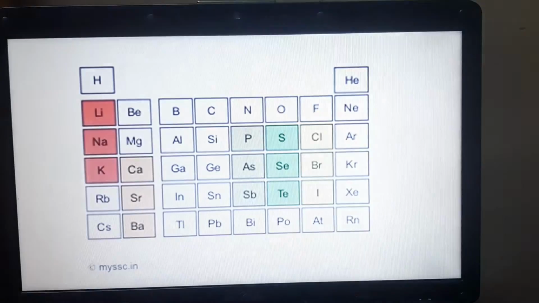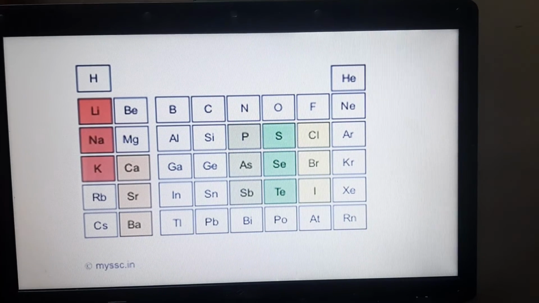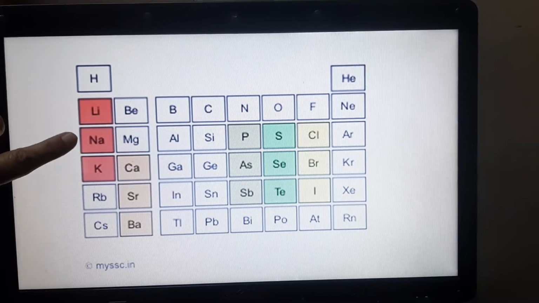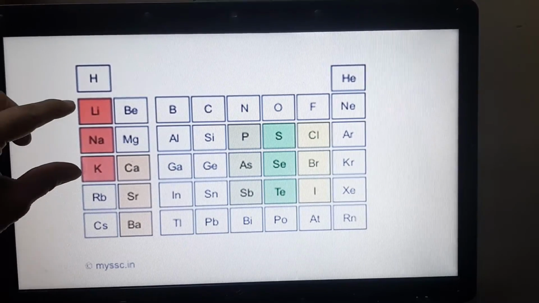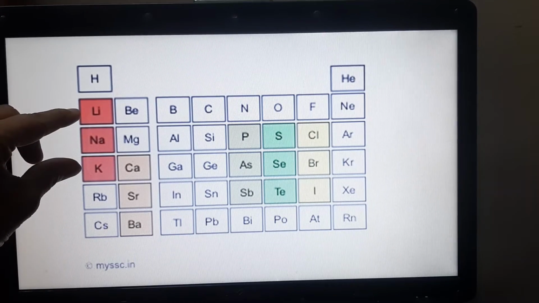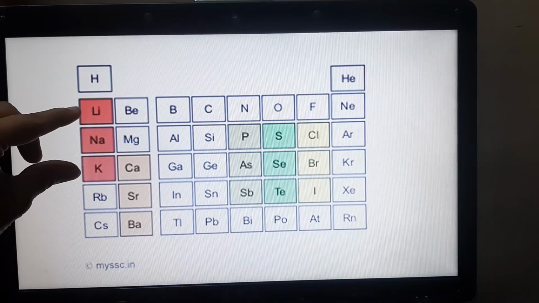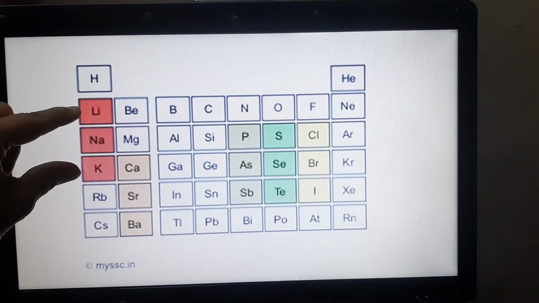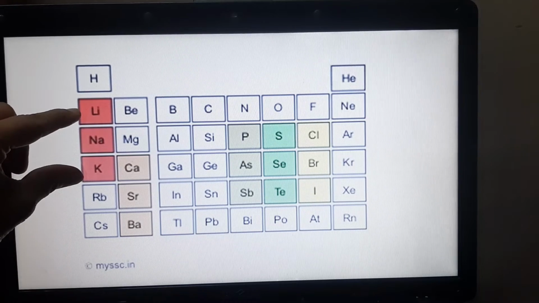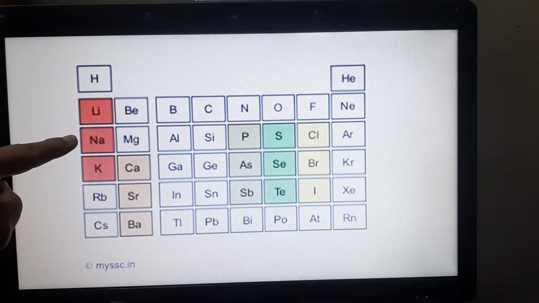Let's look. Here we have a little table of the few elements that were discovered during his time, and you can see that lithium, sodium, and potassium, these 3 elements according to him had similar characteristics, and he found that if you take the atomic masses of lithium and potassium, the average worked out to be equal to the atomic mass of sodium.